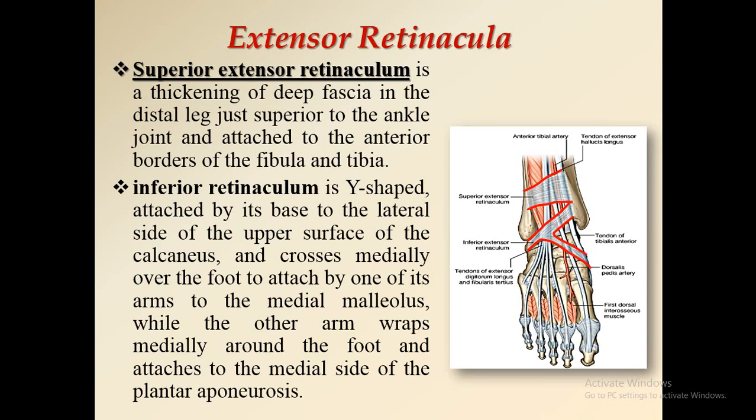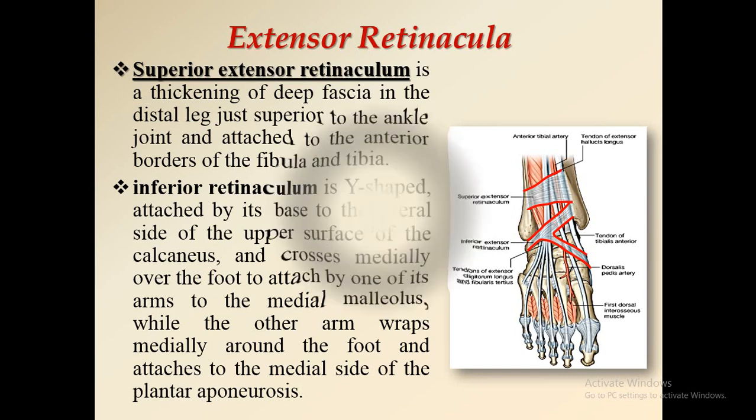The lateral arm of the inferior retinaculum attaches to the lateral surface of calcaneus. Calcaneus bone is one of the tarsal bones. Of the two medial arms, one upper arm reaches the anterior border of medial malleolus, and the inferior arm reaches the medial side of the foot, specifically attaching to the plantar aponeurosis on the plantar surface of the foot.